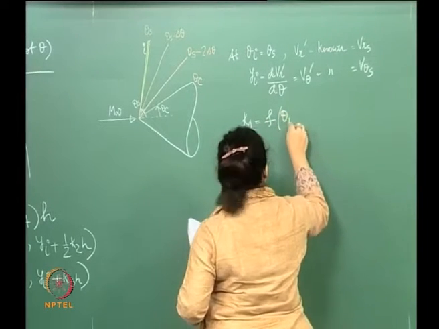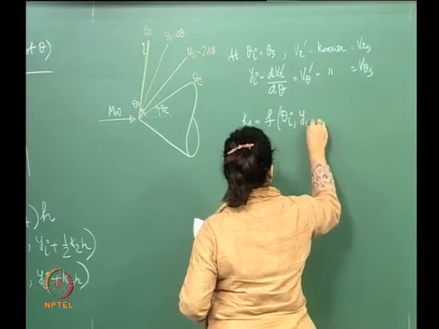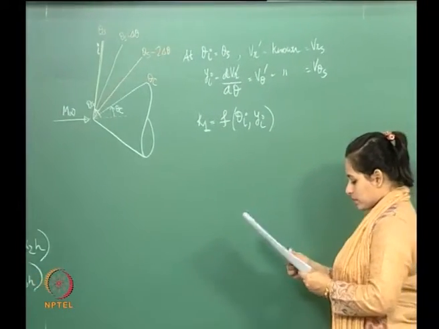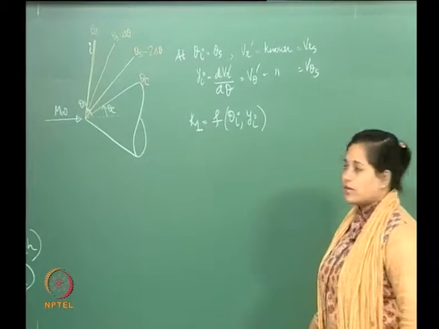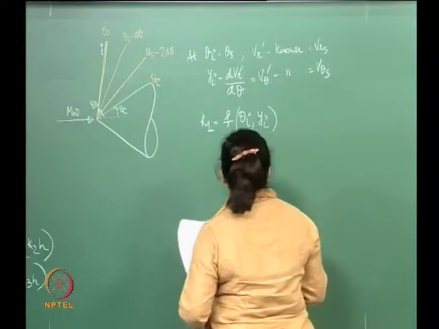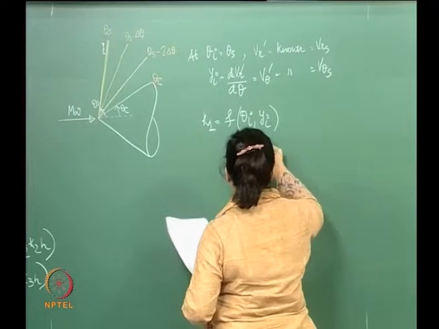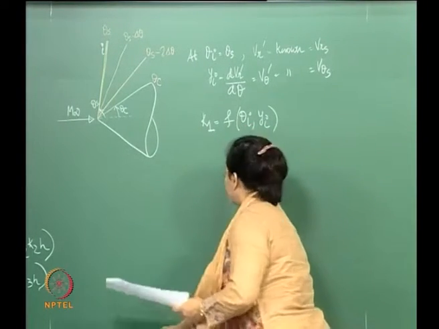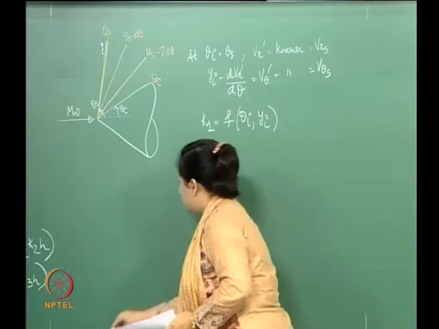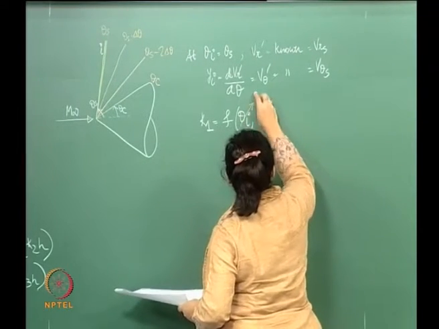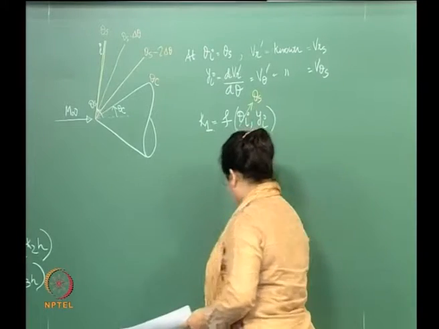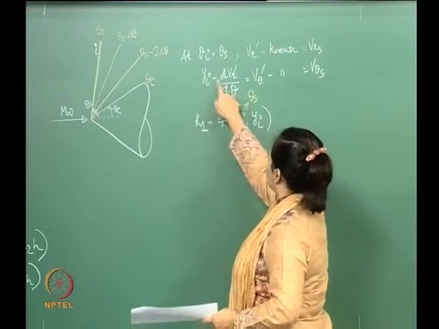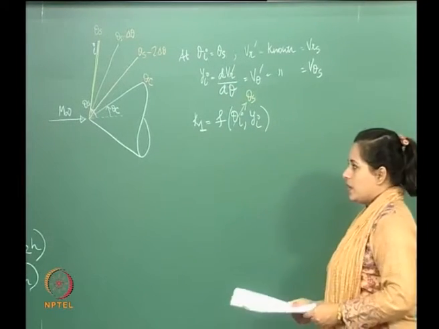If that's i, then k1 is a function of this. In this particular case, this theta i is nothing but theta s, and y i is as we have over here.